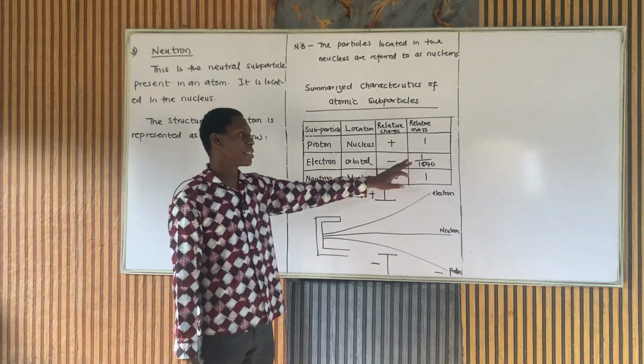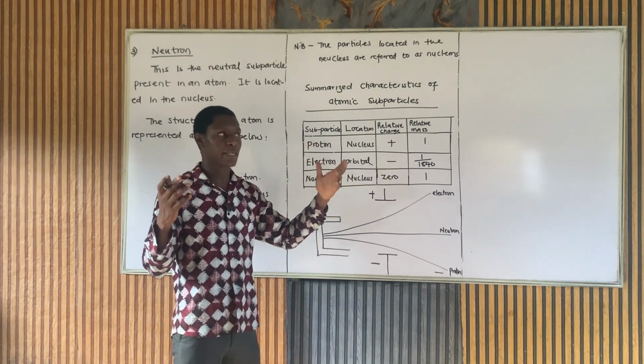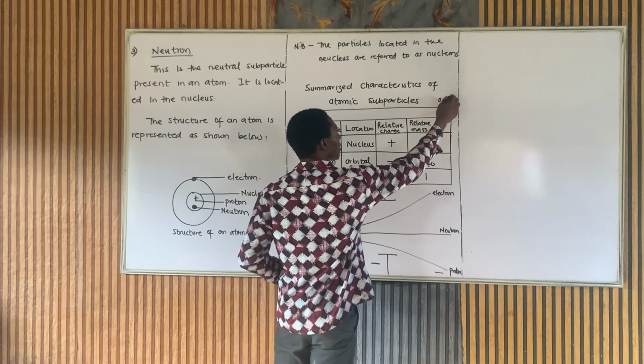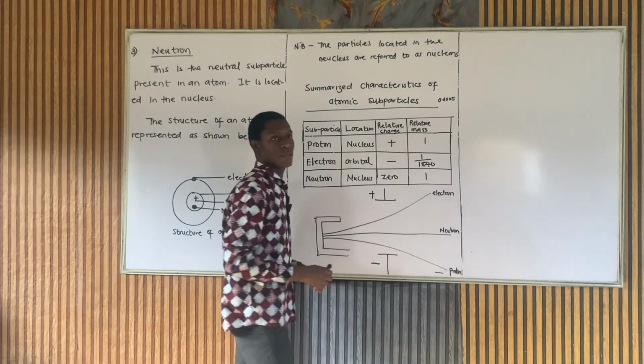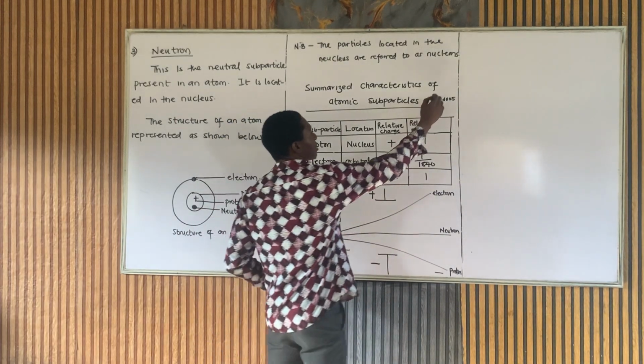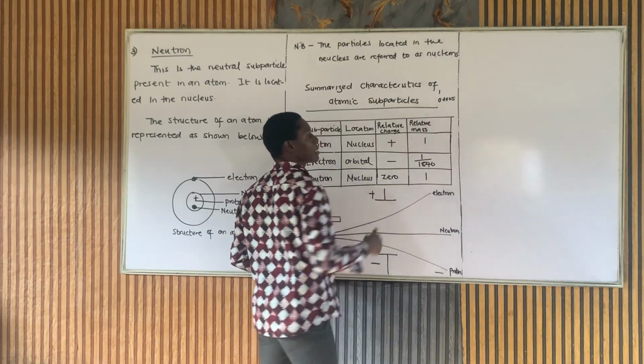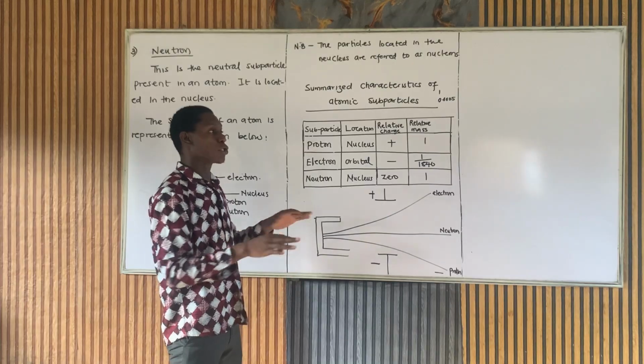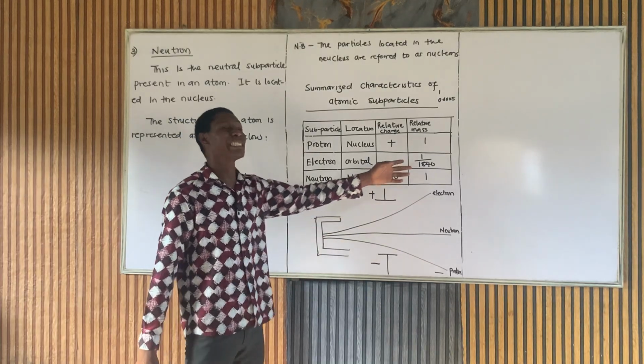That's how small this is. This is about 0.0005. Imagine how insignificant this is compared to 1. That's why the electron does not contribute to the mass of an atom, because it's relatively very, very light.